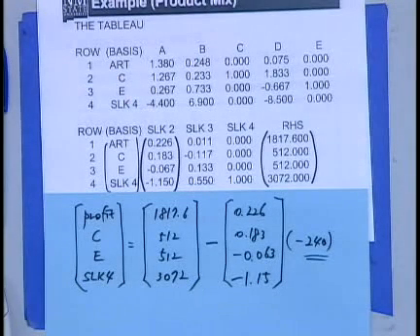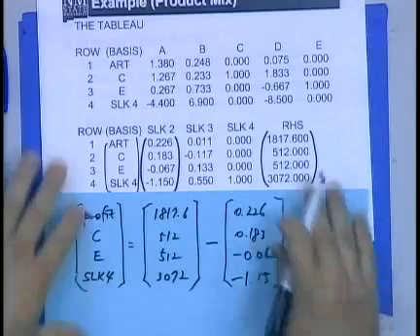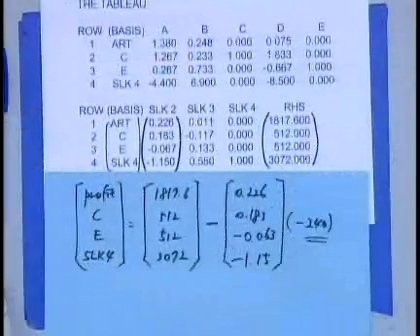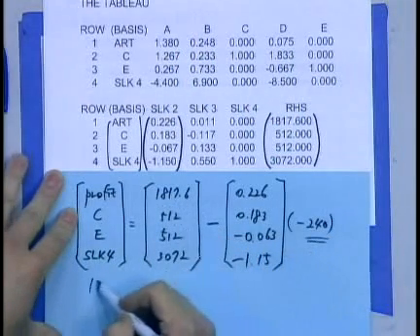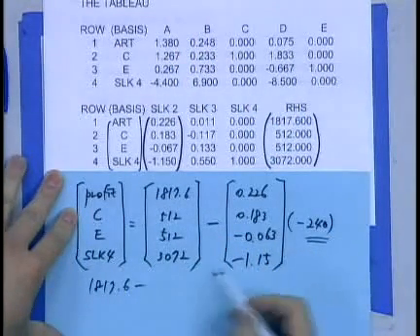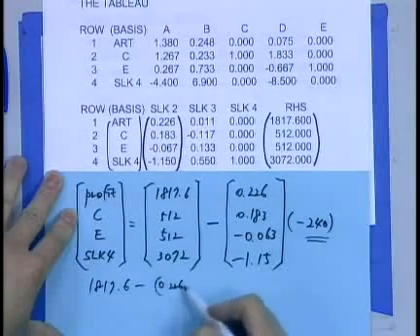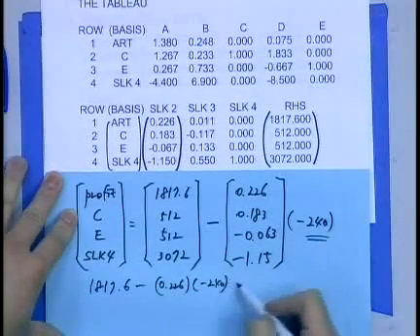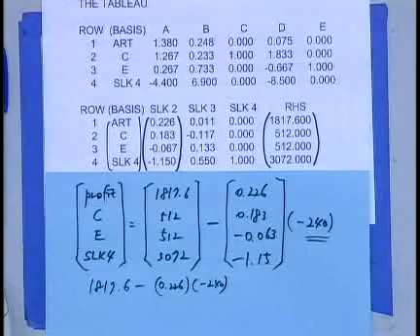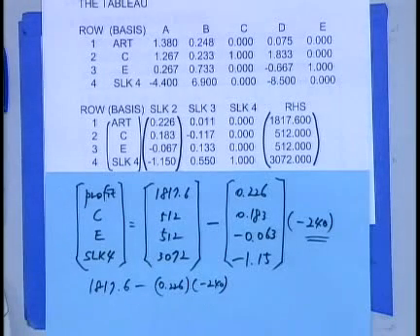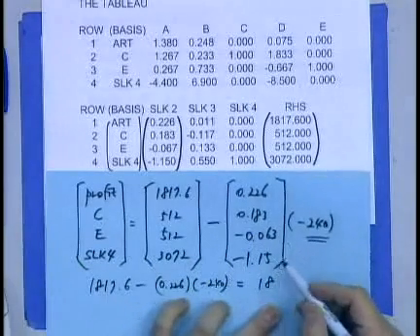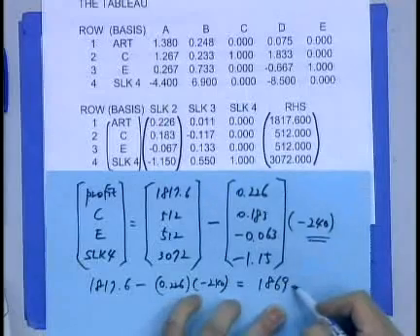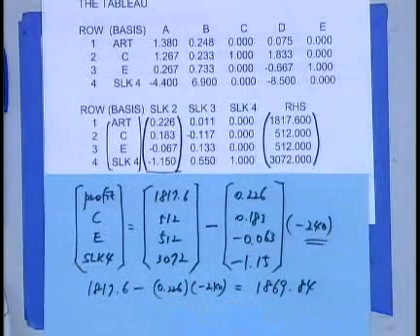So the net profit will be minus 0.226 times 240. I believe this value is 1869.84.